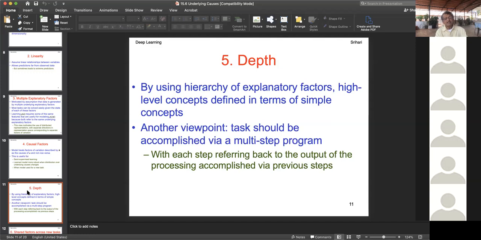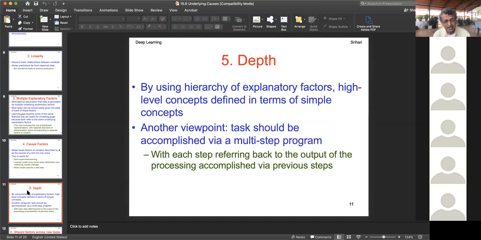We give this analogy of deep learning and algorithms that have several steps. Sometimes you can write a program for a particular task, which does it all in one step. It gets you the answer in one step. There's another algorithm that does the same job, but it goes through intermediate steps.